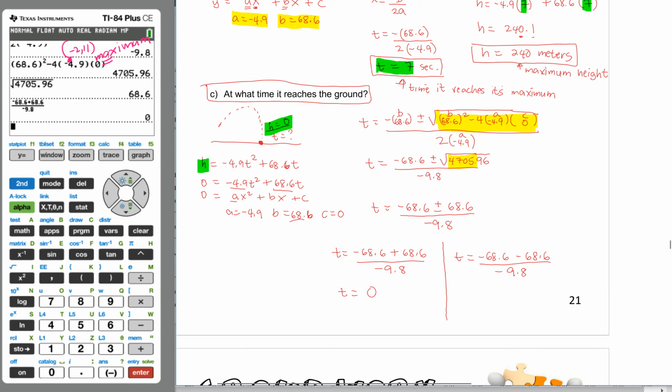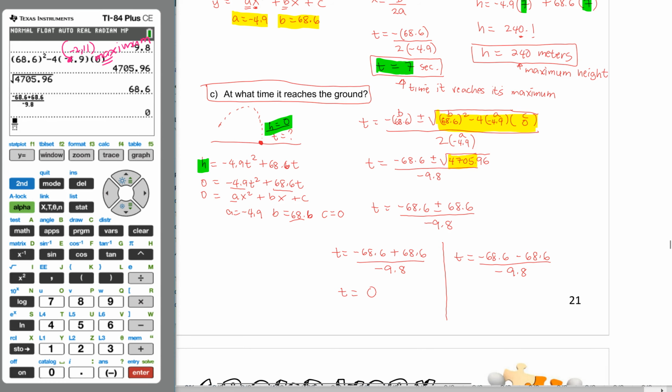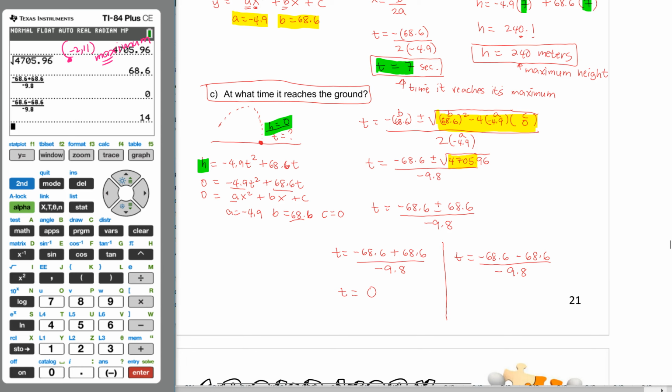And the other one, alpha y equals, press enter. So we have negative 68.6 minus 68.6 divided by negative 9.8, press enter, and this one gives you 14.